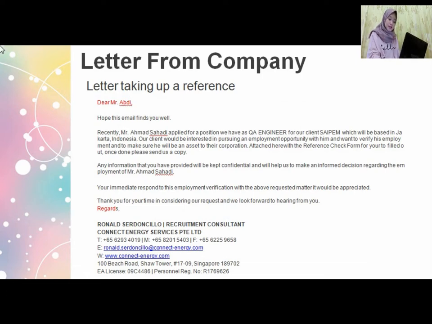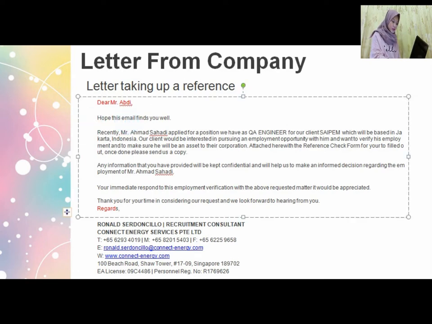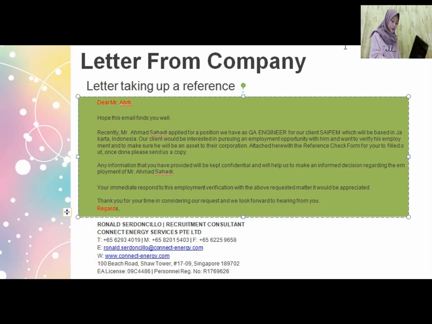And this letter use the full block format method. This is full block format method, which display the elements of the letter that are aligned with the left margin of the page.